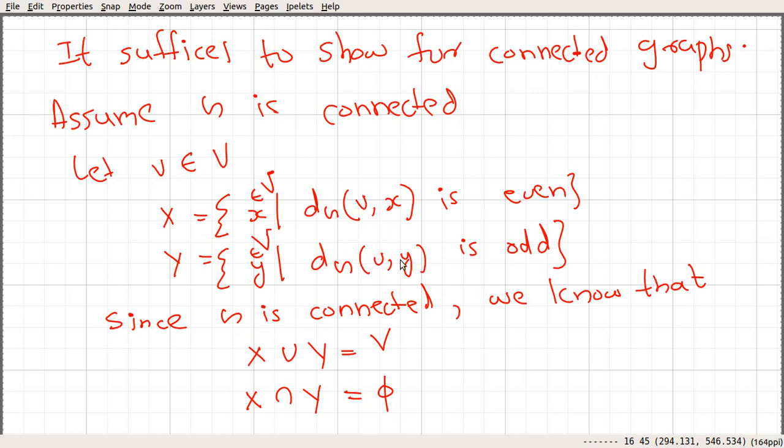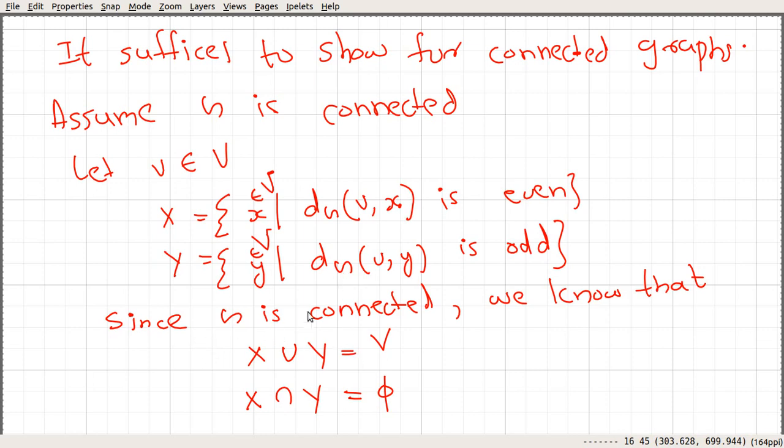Similarly here V and Y. The shortest distance cannot be even and odd at the same time. Either it must be even or it must be odd. So other vertices will go either to X or Y. Anyway, we can see that this vertex V belongs to X because the distance between V and V is 0, and 0 is even.